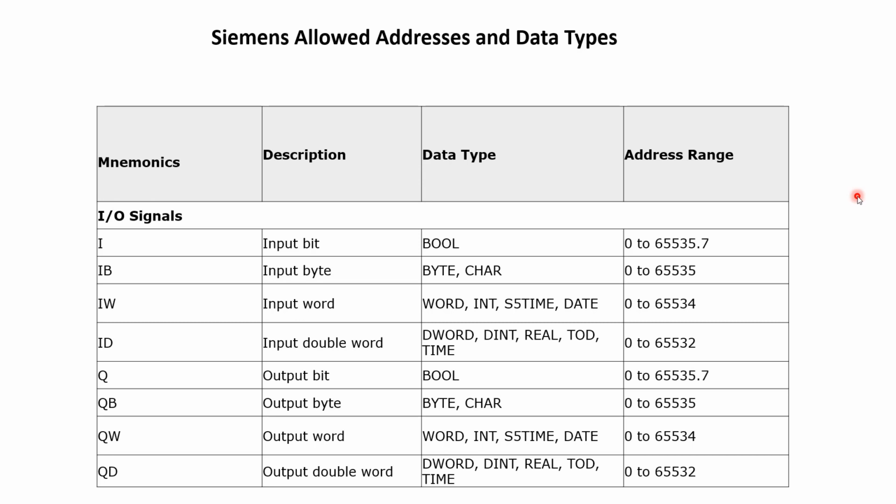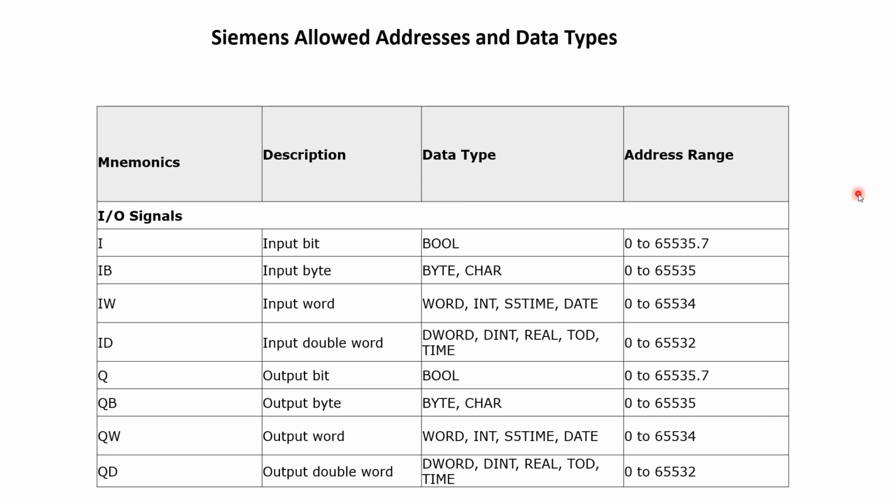Is it a character? Is it a date? Is it an integer? Is it real? Is it time of the day? Is it time? Is it a double word? Is it a double integer?